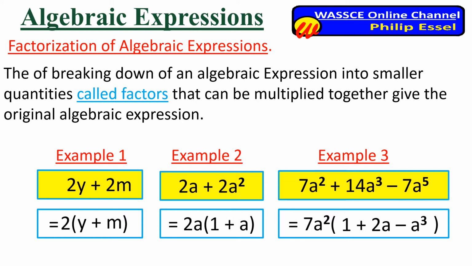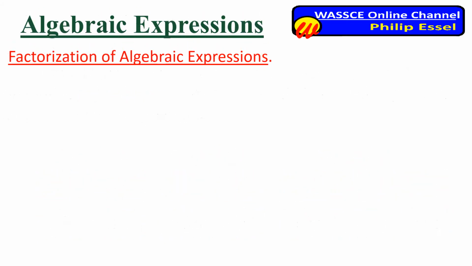depending on the question presented to us, different types of factorization methods would have to be used. So we are going to look at various types of factorization methods that can be used depending on the question that is presented to us. So there are various types of questions that can be presented to us for us to factorize.